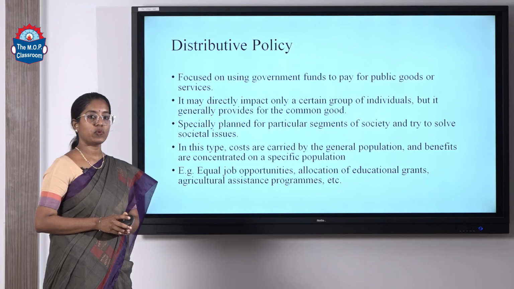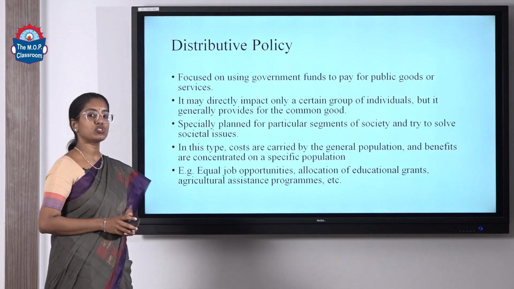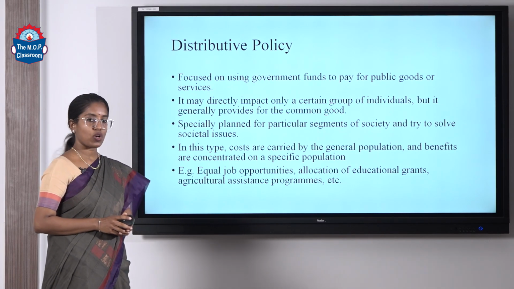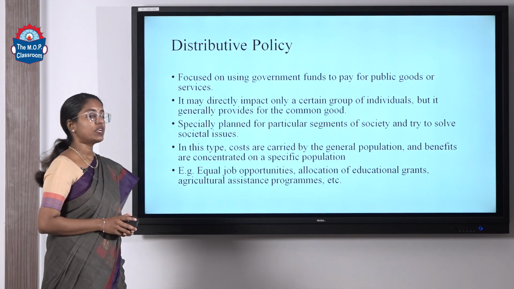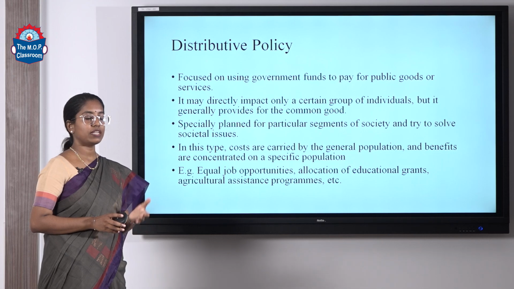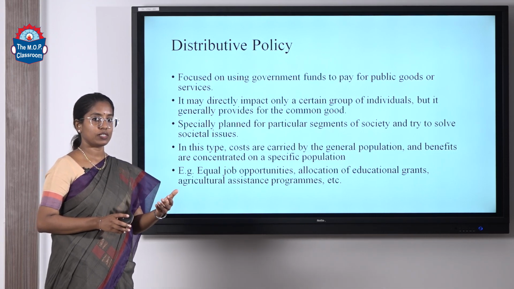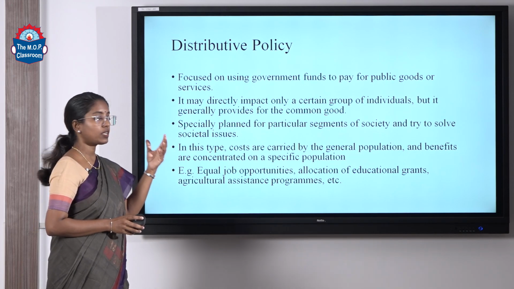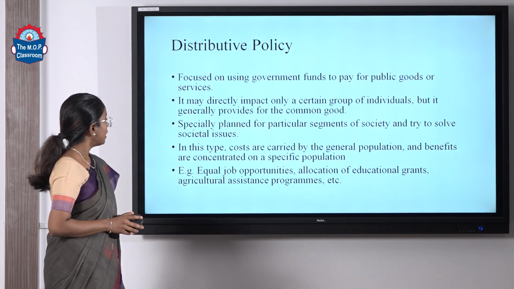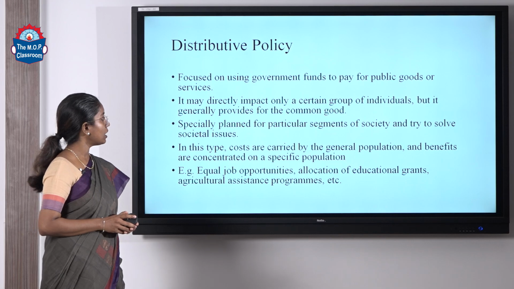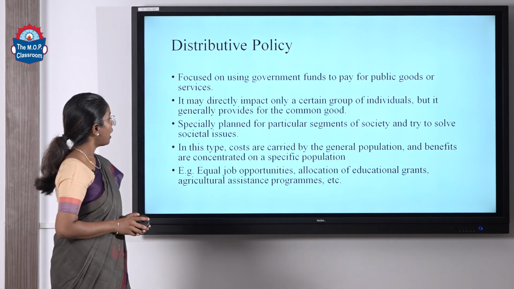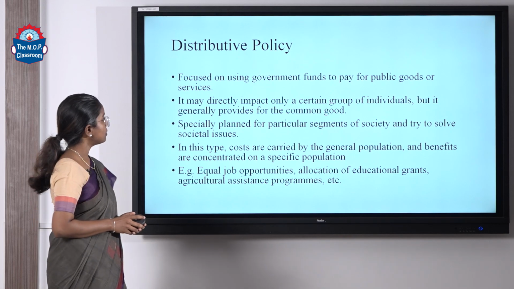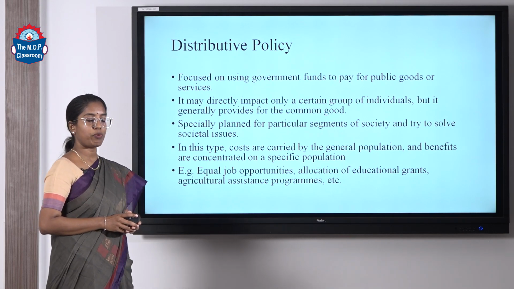It comes from government funds, but it is distributed only to a particular section of the society. In this type, the costs are carried by the general population and the benefits are concentrated on a specific population.